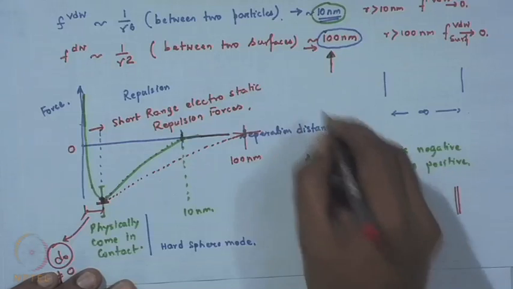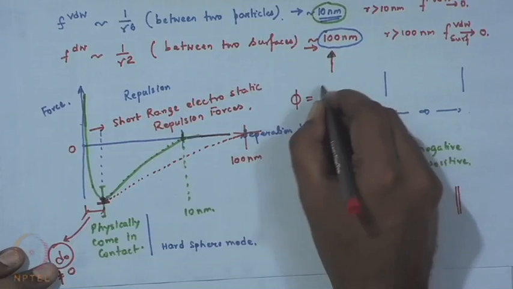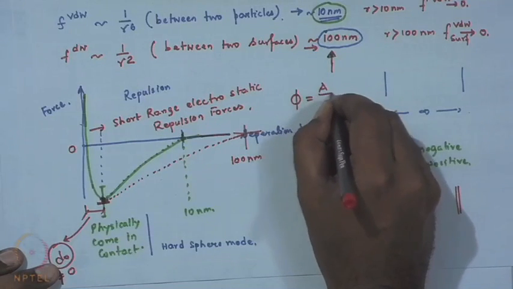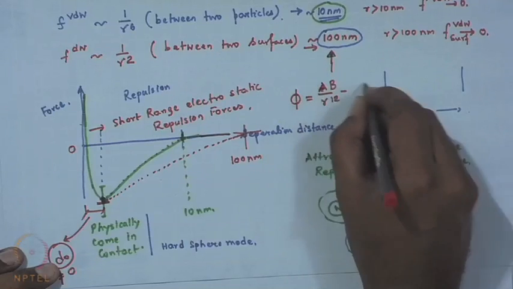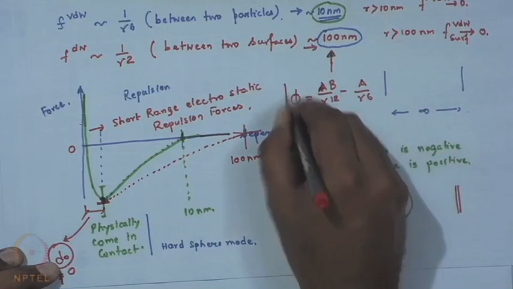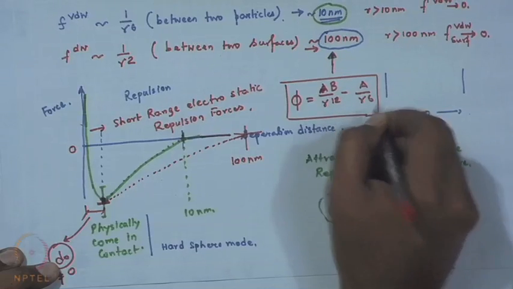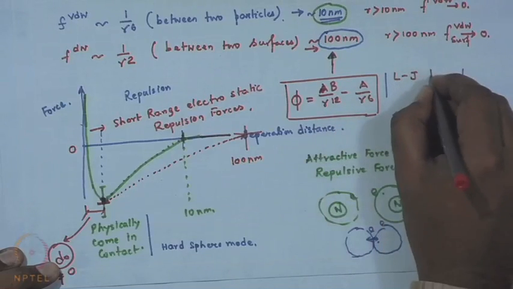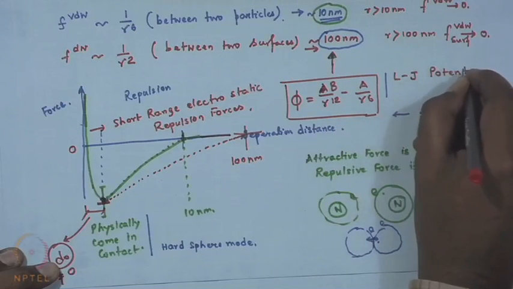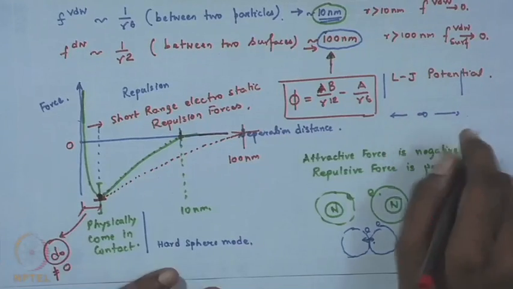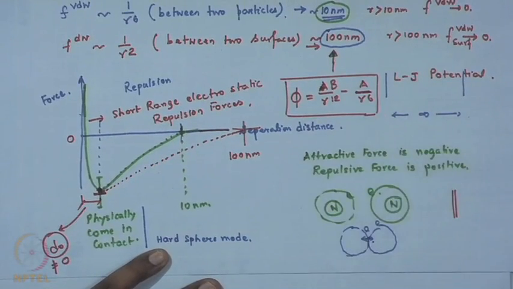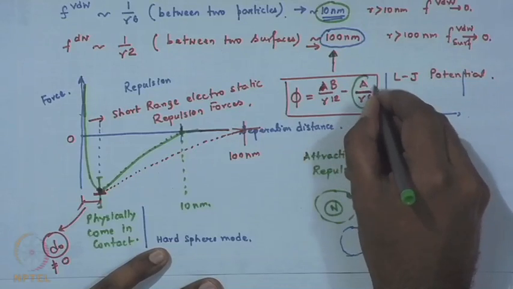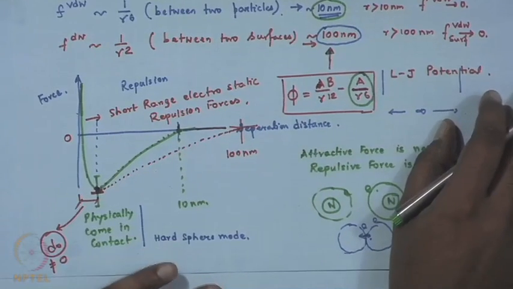Many times we follow a potential curve like this, the rather famous Lennard-Jones potential. This term, minus A by r to the power 6, you understand, represents the attractive interaction due to the van der Waals forces.